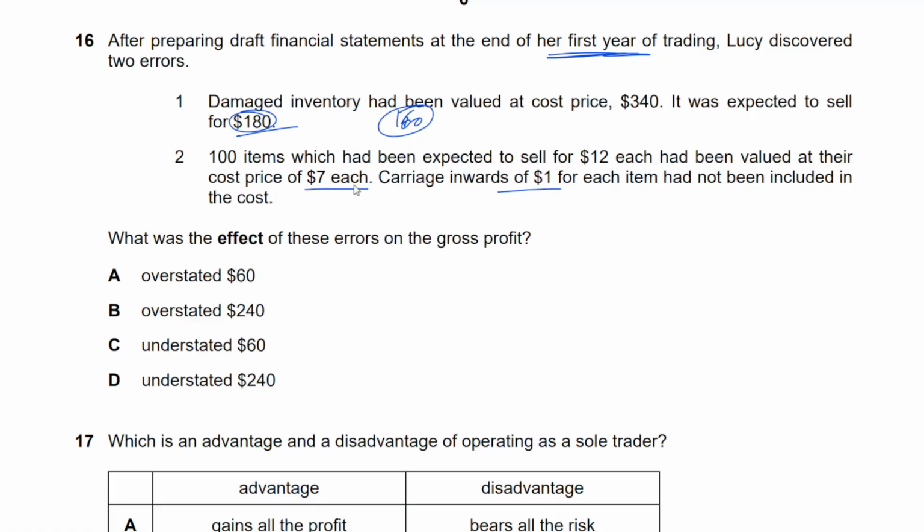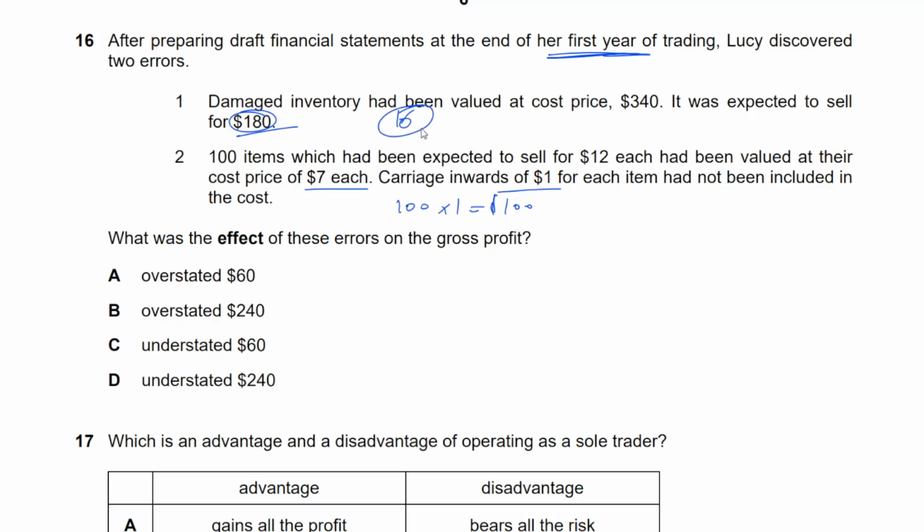So instead of $7, we were supposed to take $8. We already took $7, so we just need to take one more dollar. So our closing inventory is actually 100 times 1, that is $100 more than what we have right now.